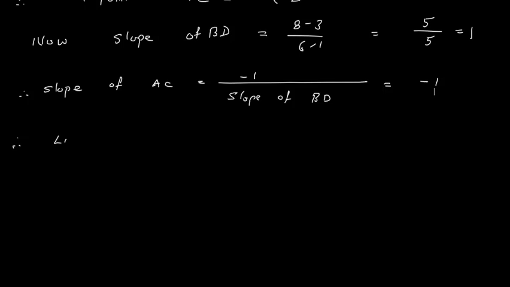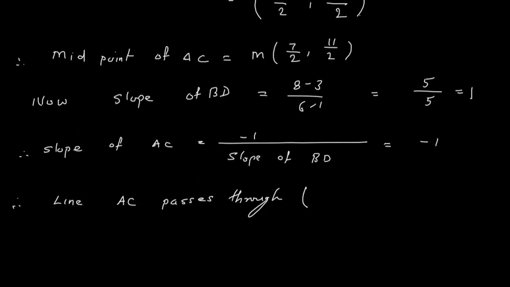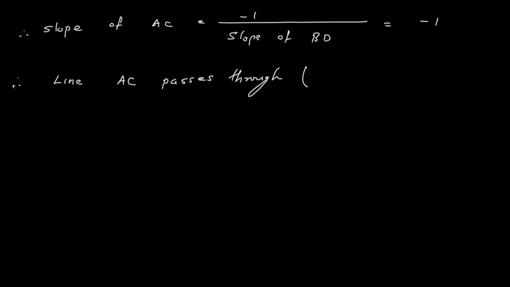Therefore line AC, or diagonal AC, passes through the point (7/2, 11/2) and has slope equal to -1.